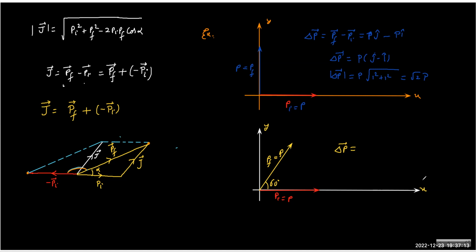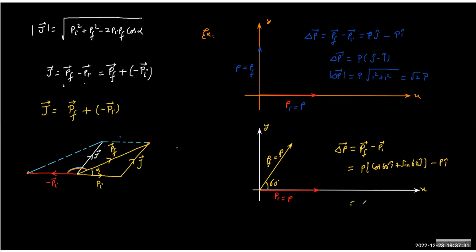Yeah, let me check it out. So delta P we can write as P final minus P initial. So final we can write as P cos 60 I cap plus P sin 60 j cap, and initial is P I cap, right?